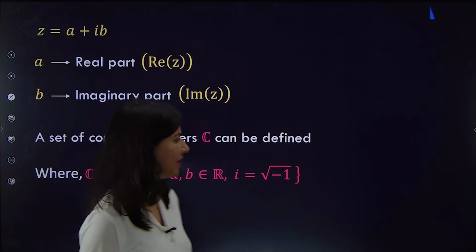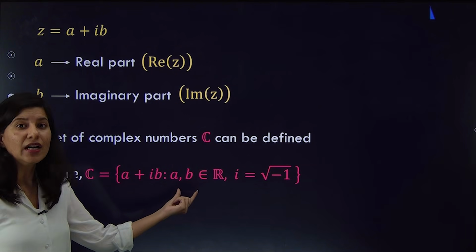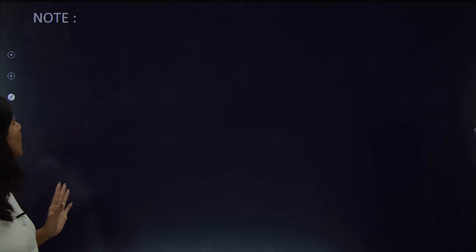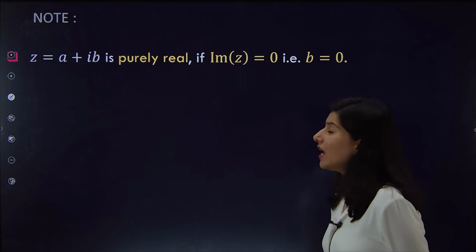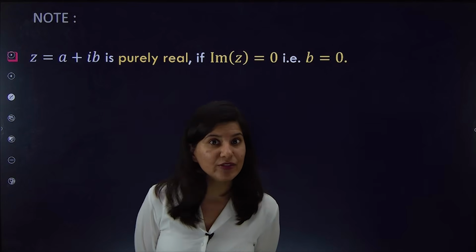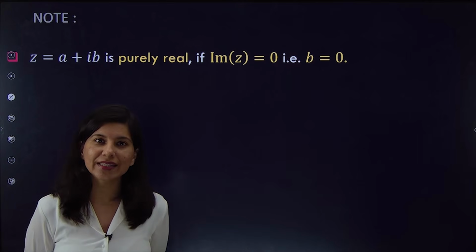So complex number definition in a mathematical form, very easy. A plus iota b, a and b both are real, and iota here is actually square root of minus 1. Clear? Okay. Now very important, because in some questions they will give you that this complex number is purely imaginary, this complex number is purely real.